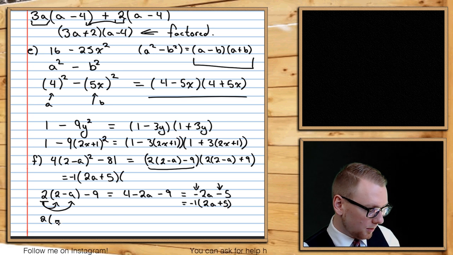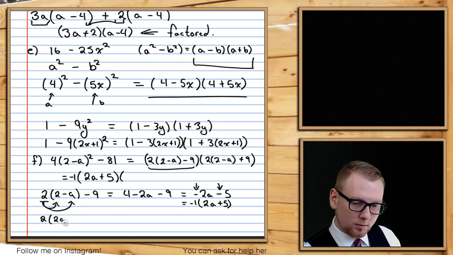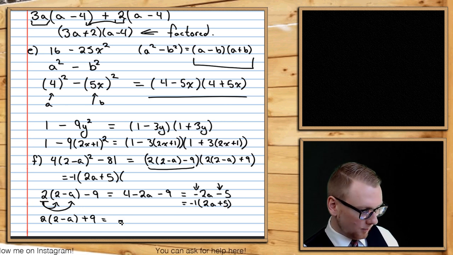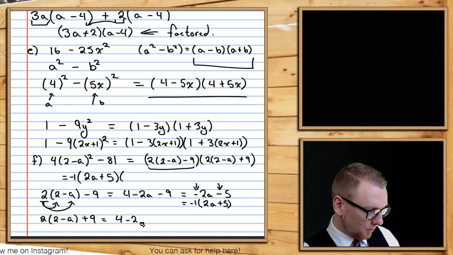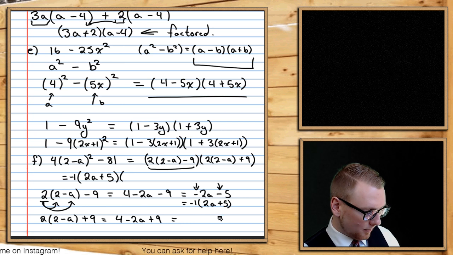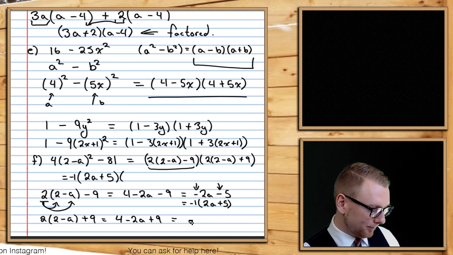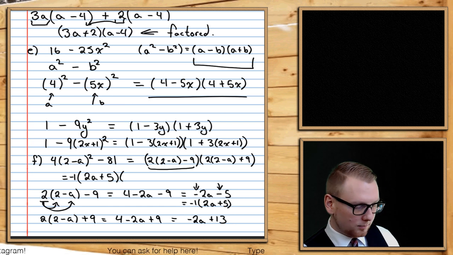And I'm going to write it again. 2 minus a plus 9. 4 minus 2a and then plus 9 gives us what? I'm going to write just minus 2a plus 13.